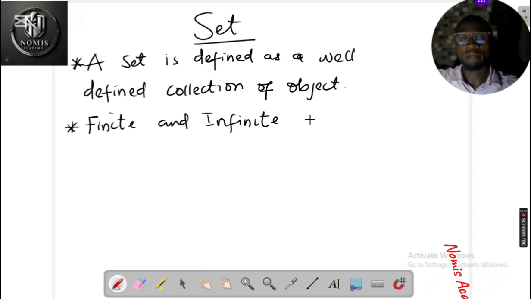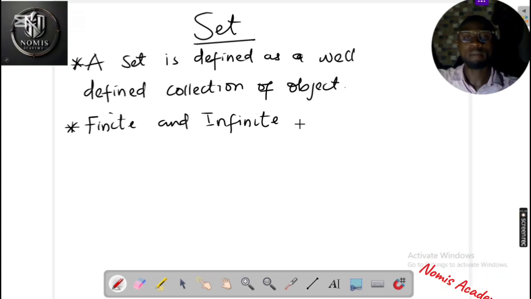Another word for members is elements. It has a particular number of elements. However, an infinite set is a set whose elements are unlimited. The elements are endless. The members are endless.